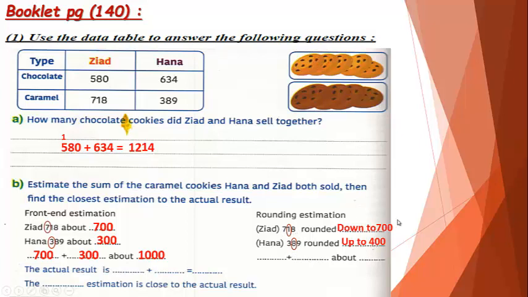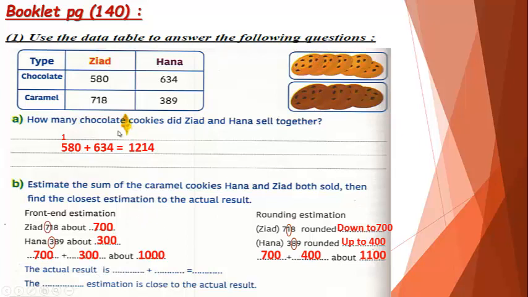So the first one is about 700 and the second one is about 400. And then add the two estimated numbers. 700 plus 400 equals 1,100. Fine. Let's find the actual result and see which one of these is closer to it.